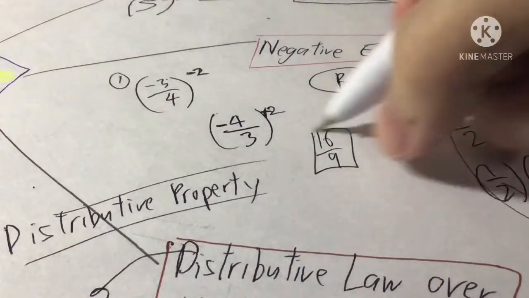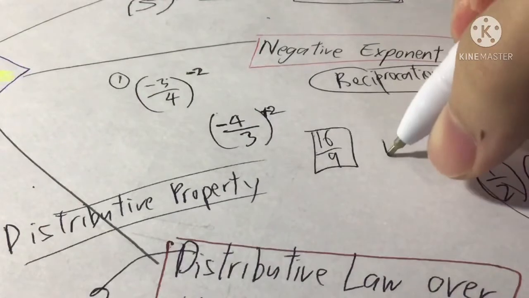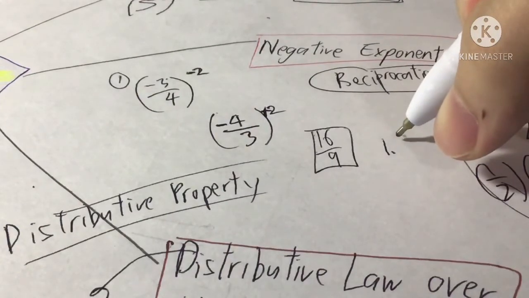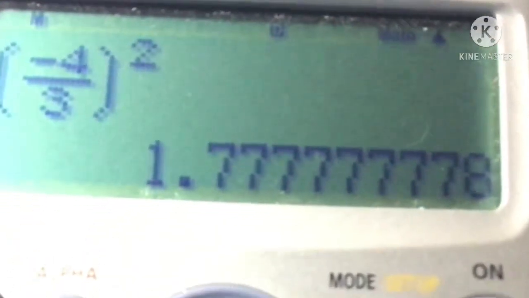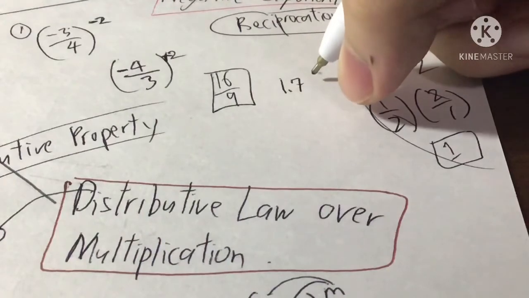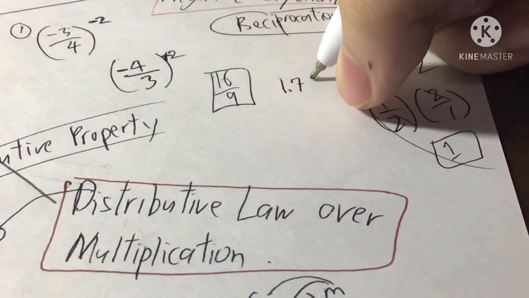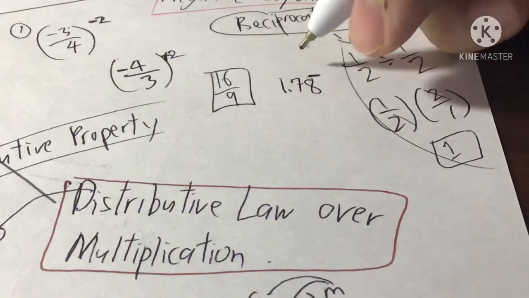Some answers will be 16 over 9, and some answers would require decimals. So because this answer is a non-terminating decimal, if we see it through in the calculator, that means we just have to apply what's being asked to do. So make the answer correct to 3 significant figures and round it off.